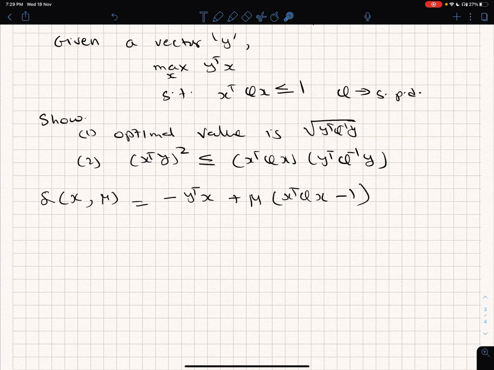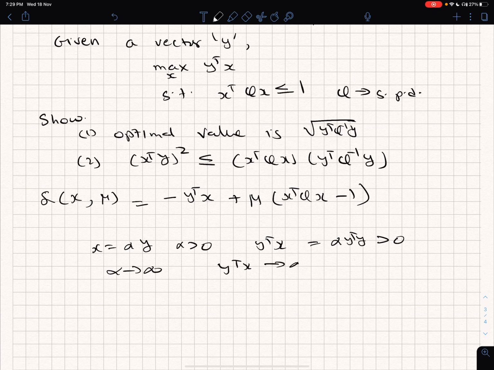One thing I can do is take x to be alpha times y, with alpha greater than 0. Then y transpose x becomes alpha times y transpose y, which is strictly greater than 0. And if I take alpha to infinity, y transpose x will go to infinity, unbounded above.